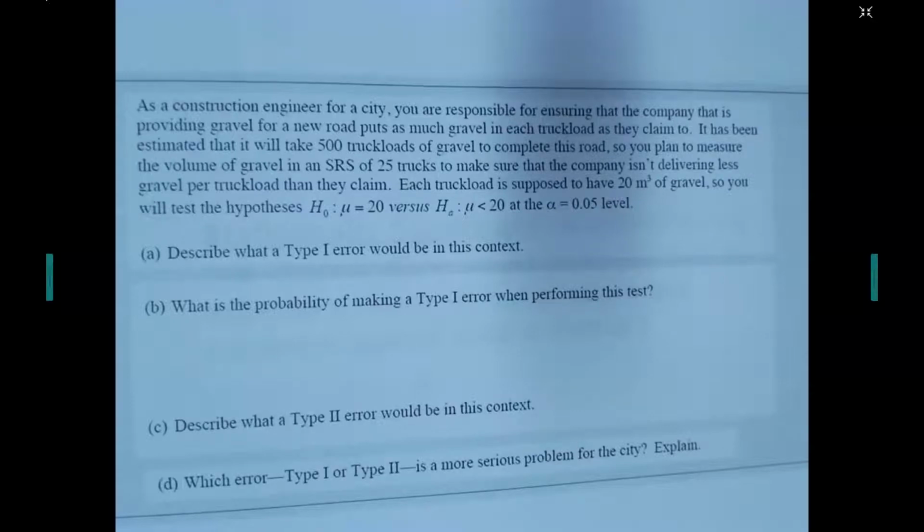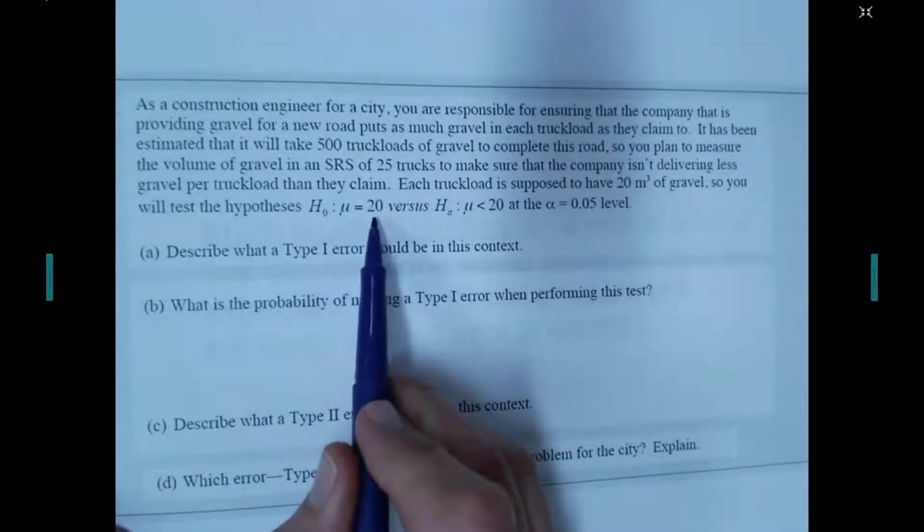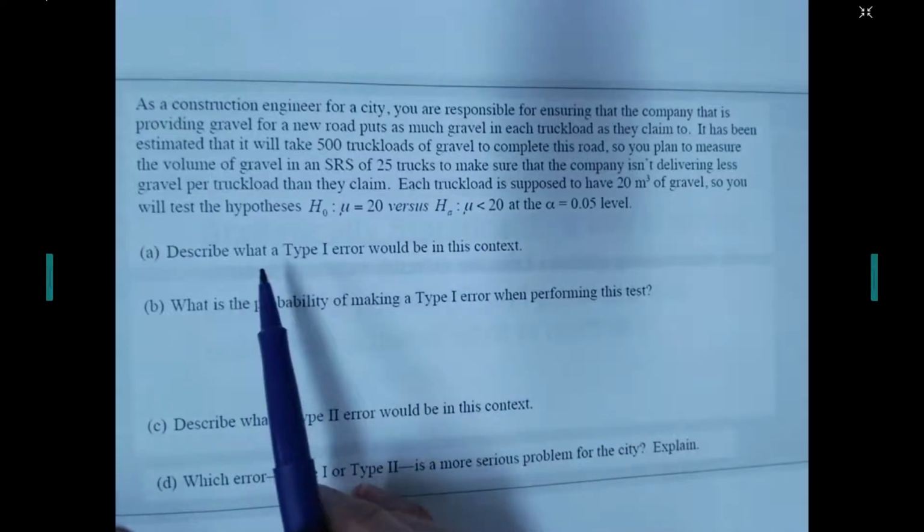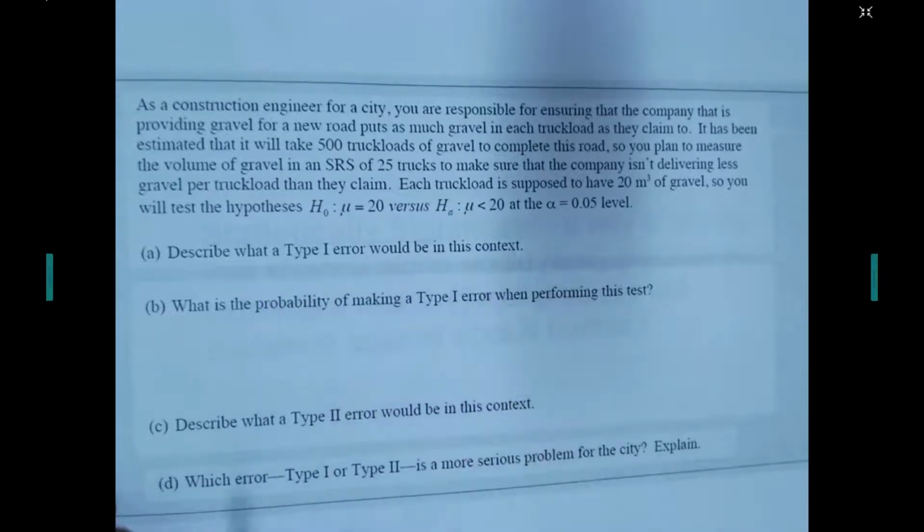So you plan to measure the volume of gravel in a simple random sample of 25 trucks to make sure the company isn't delivering less gravel per truckload than they claim. Each truckload is supposed to have 20 cubic meters of gravel, so you'll test the hypothesis. So the null is 20, because that's the claim, but we're afraid they're underfilling, right? Describe what a type 1 error would be in this context.